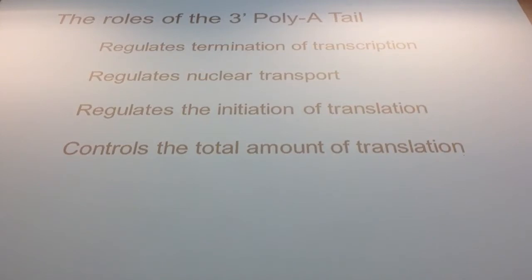The poly A tail helps aid in the splicing of the very last intron, or the last piece of RNA that is removed. So the cap helps RNA splicing at the beginning, and the poly A tail helps in the RNA splicing at the end. Okay?